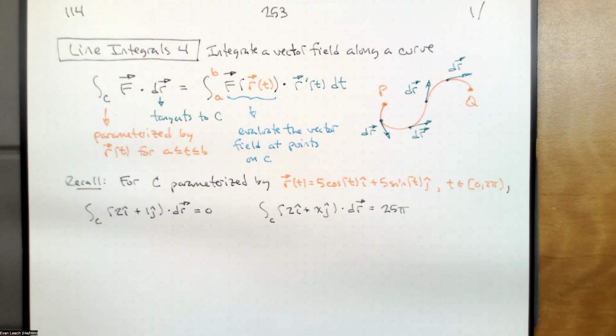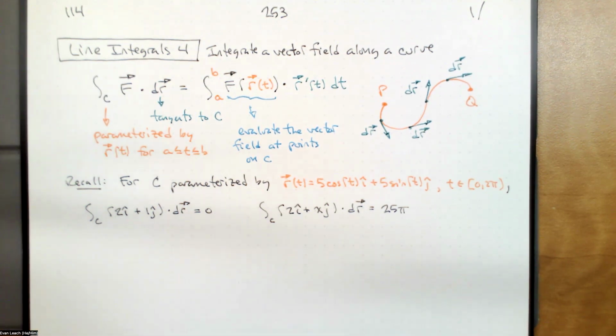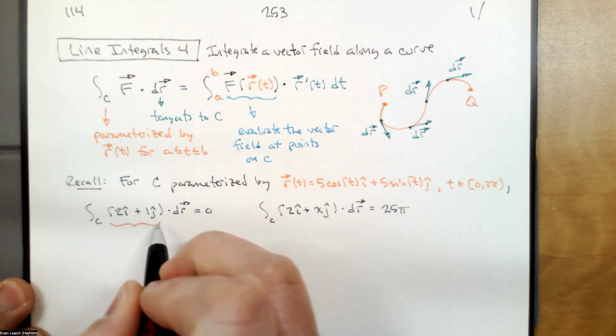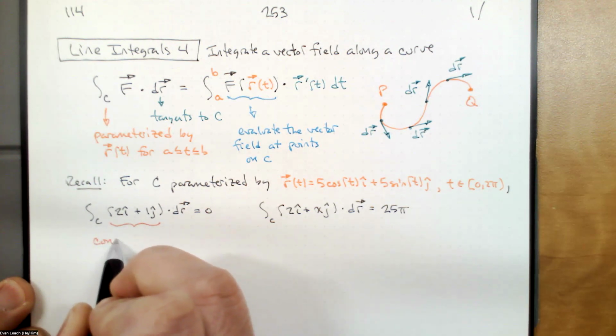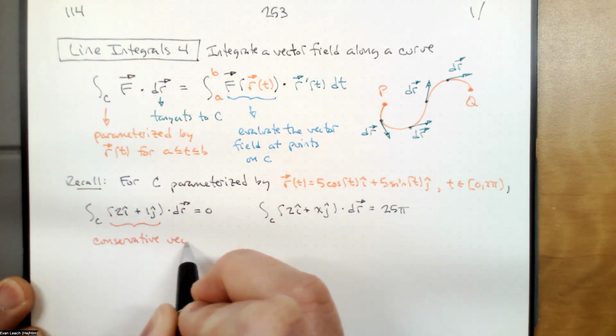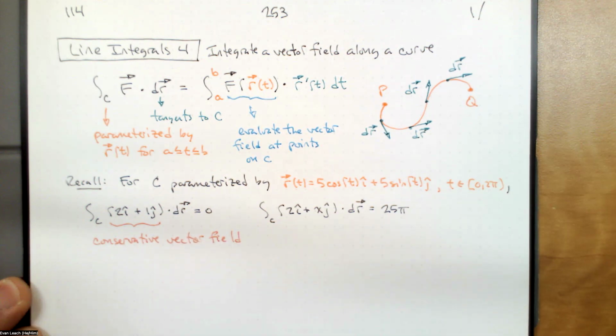That means it's the gradient of some function. So this vector field here, 2i plus 1j, this is a conservative vector field. That means this is a gradient field.